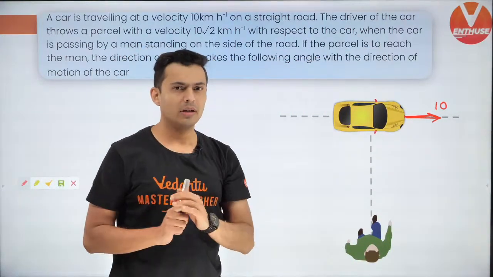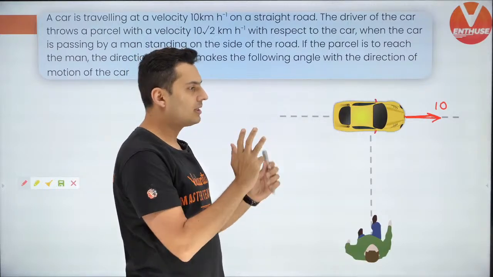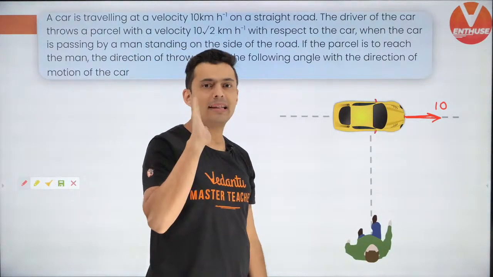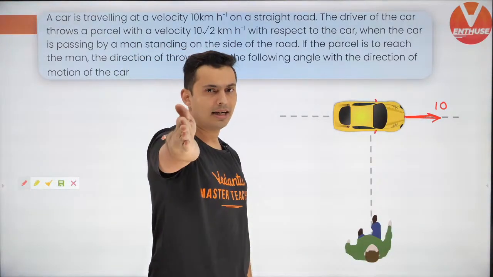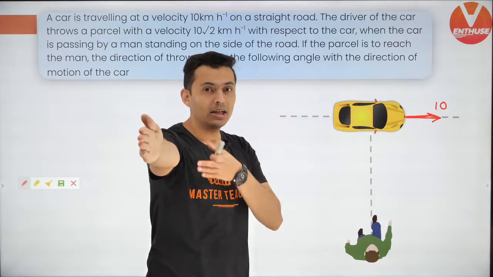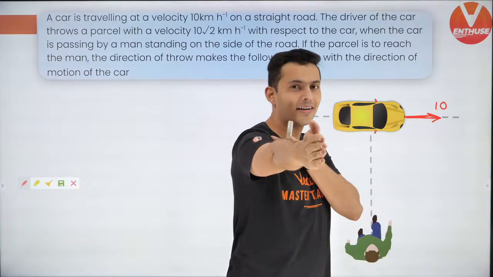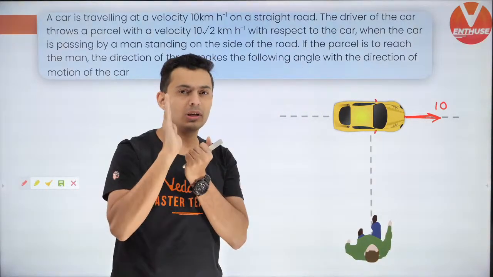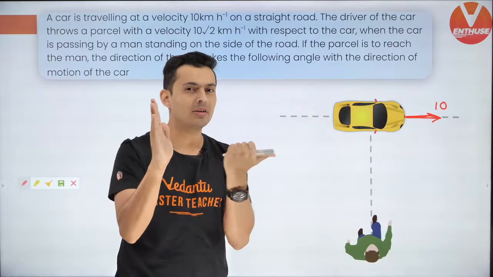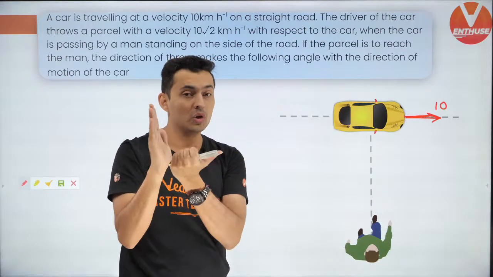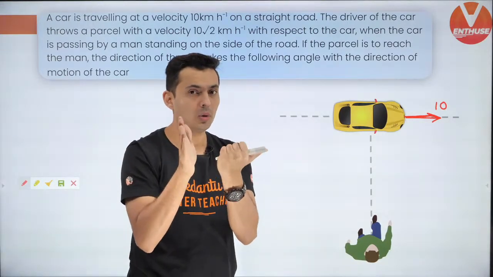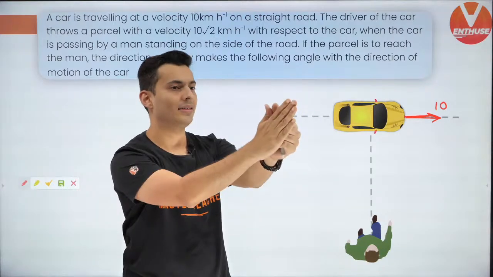Now think about it. If you are going like this, and if you throw the parcel like this, exactly at 90 degrees, do not forget the parcel is moving along with the car. So the parcel is not only going to go this way, but it is also going to get the velocity of the car. So in total effect, it's going to move like that.